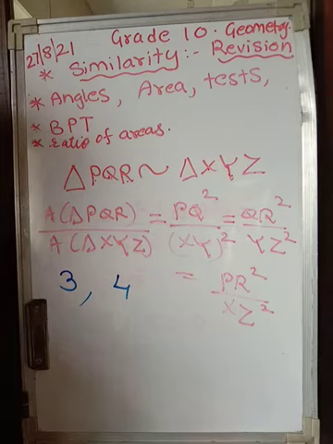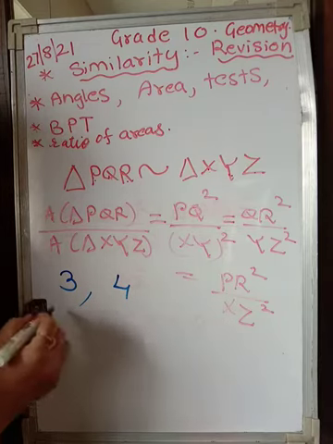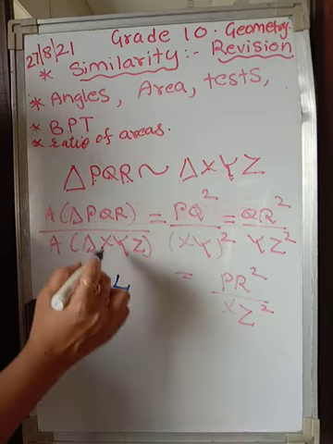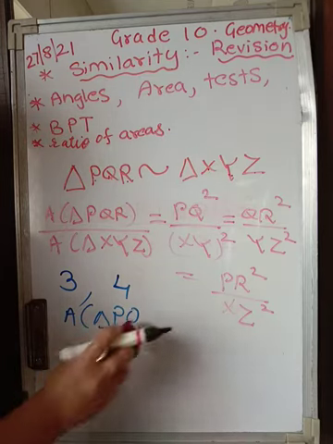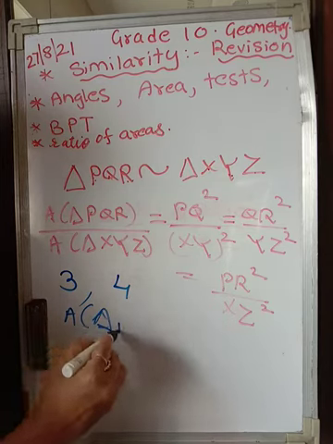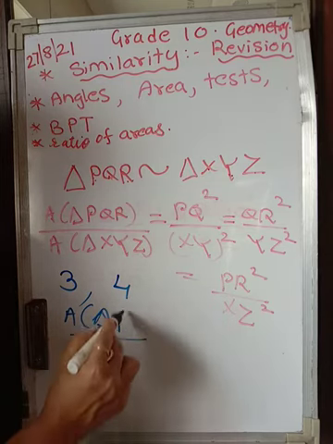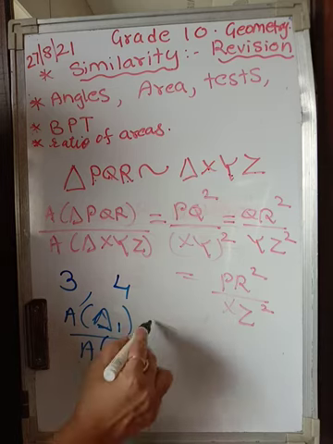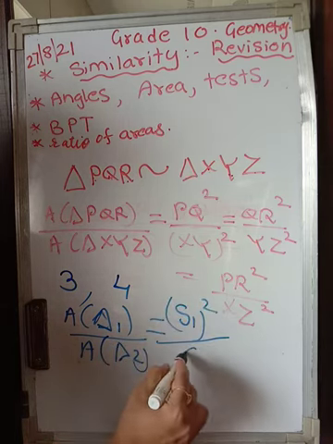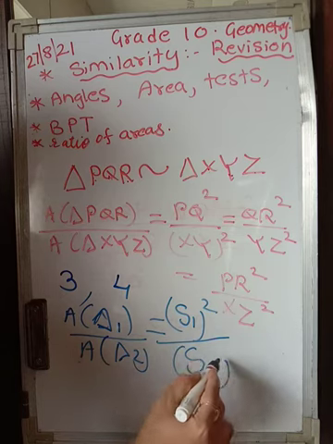Say for example 3 and 4 are the measurements given. What will be the ratio of the areas? Area of triangle 1 upon area of triangle 2 will be equal to side 1 square upon corresponding side square.